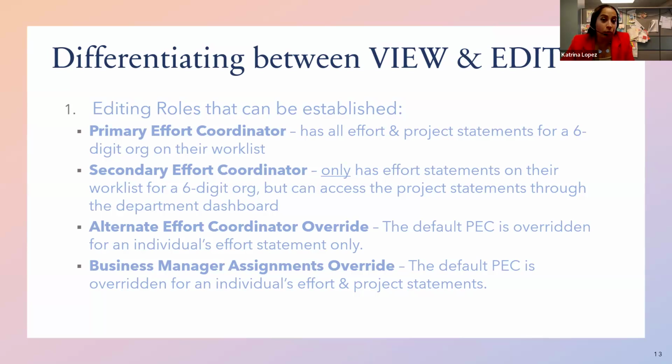In that case, that individual will be able to edit the statement. Then we also have another role that's a business manager assignment override. Essentially this type of assignment will override the primary effort coordinator for both effort statements and project statements related to that faculty member. So those all have editing and viewing access and, for the most part, submission access.